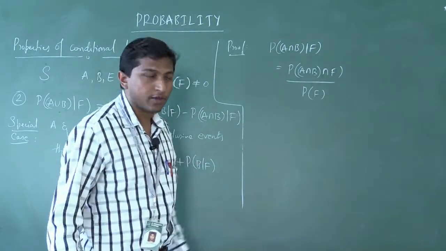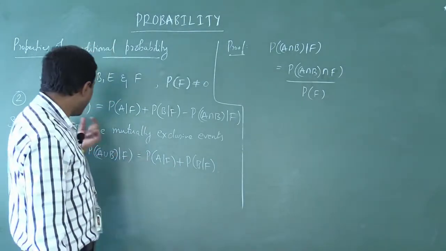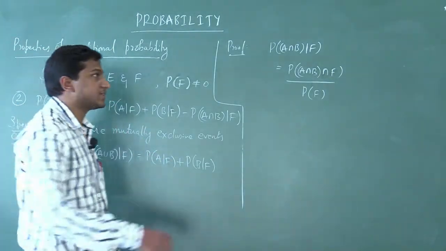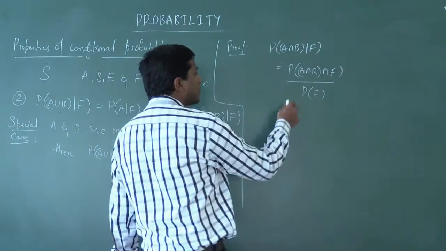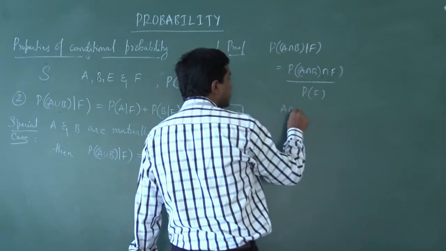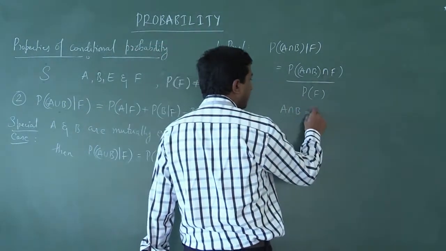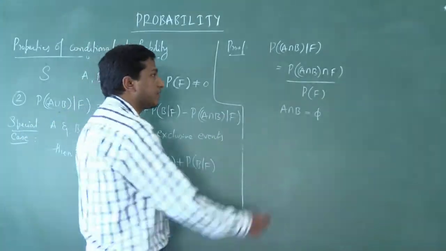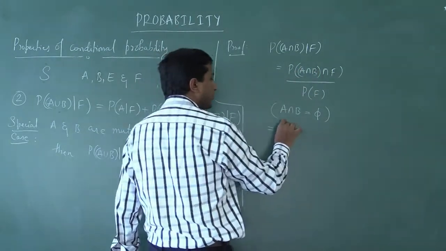Now what kind of events are A and B? A and B are mutually exclusive events. So when A and B are mutually exclusive events, what can you say about the set A intersection B? It will be nothing but the empty set, or the impossible event. So substituting this here, what happens to the numerator?